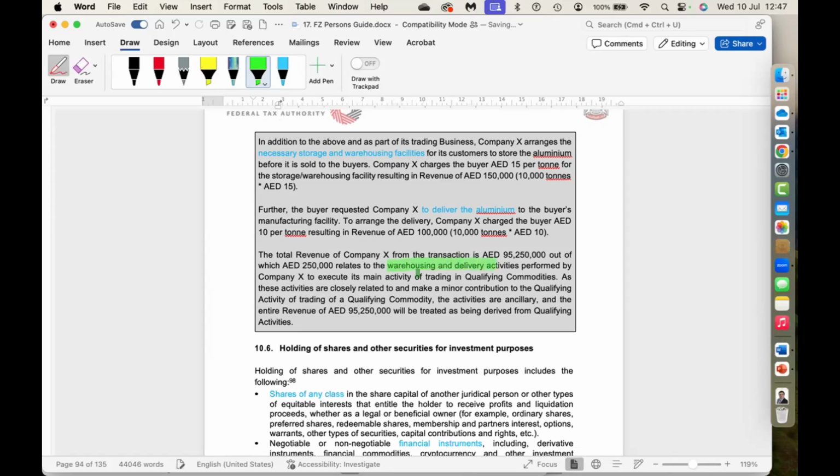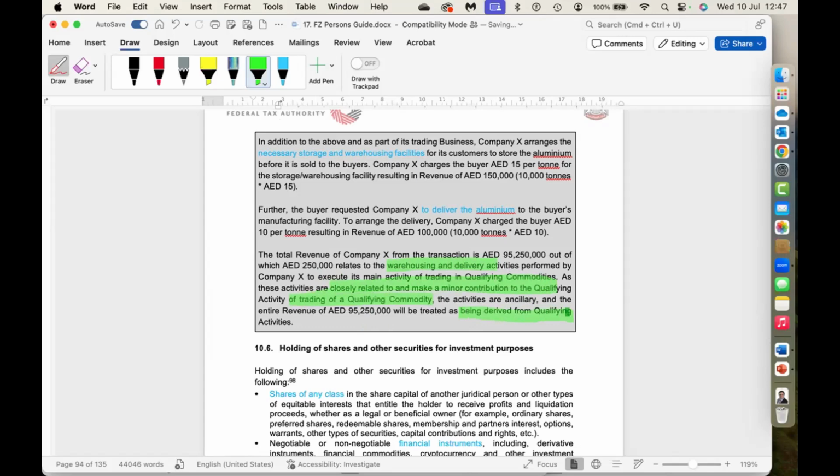Warehousing and delivery are performed by company X to execute the main activity of trading a qualifying commodity. These activities are closely related and make a minor contribution to the qualifying activity of the trading company. These activities are ancillary, and the entire revenue will be treated as revenue generated from qualifying activities.